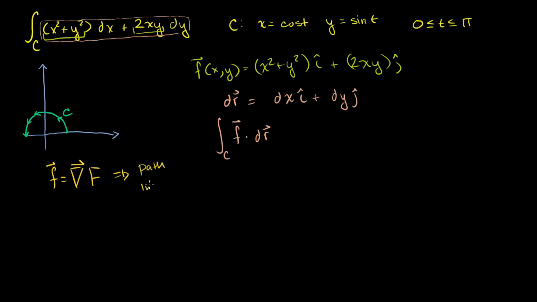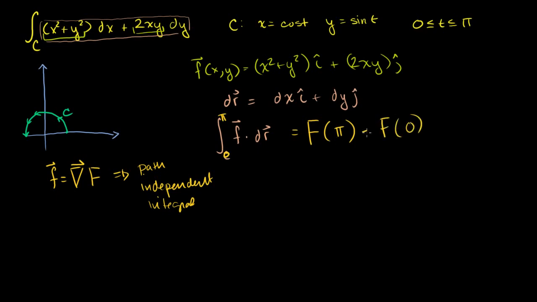Path independent integral. And we'll know that this is going to be equal to capital F evaluated from, in this case, t going from 0 to pi. We could say that this is equal to capital F of pi minus capital F of 0.